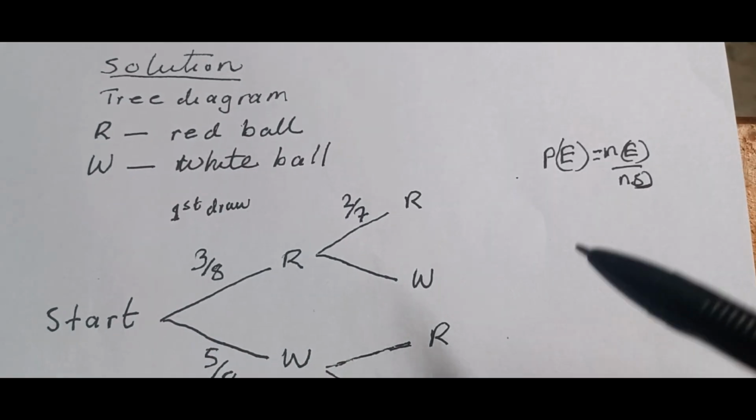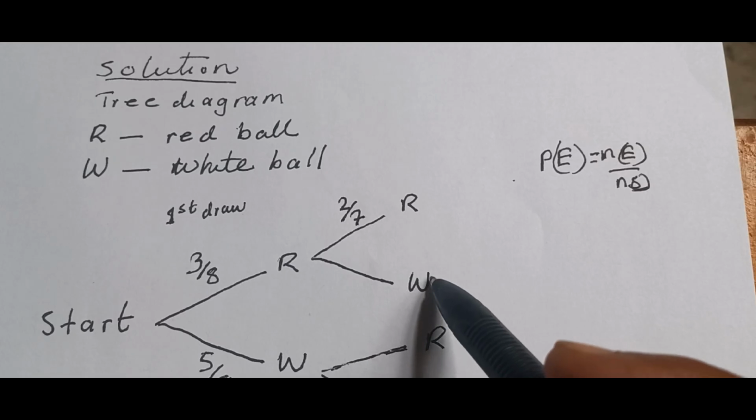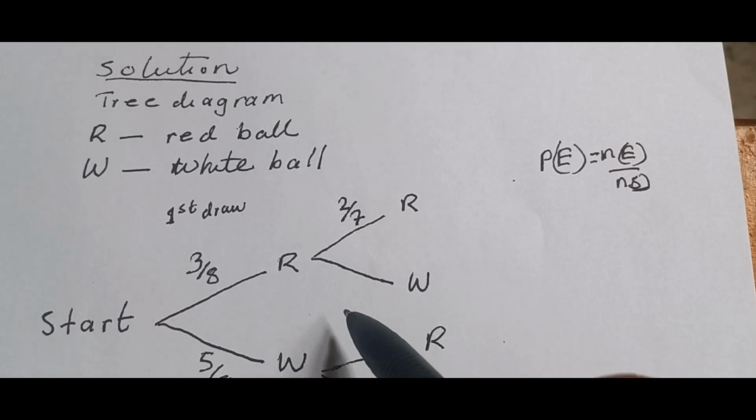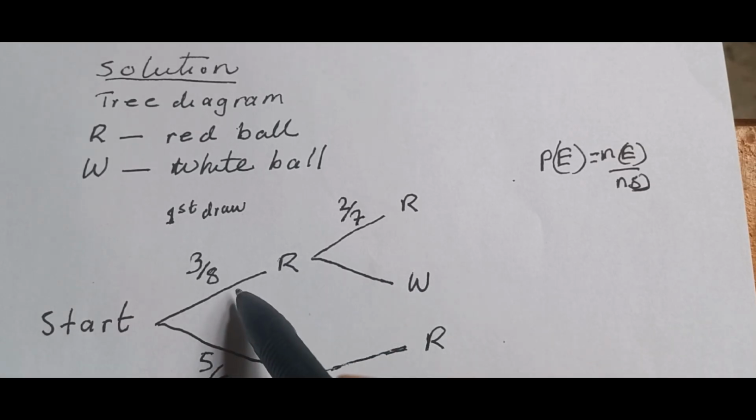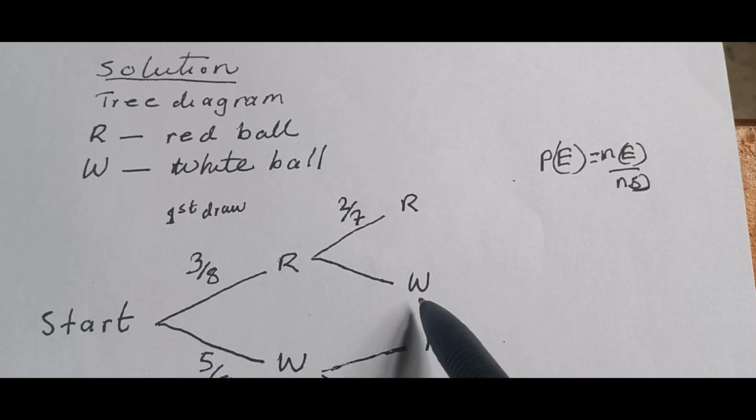Again here, let us see if the second ball drawn is white. Remember, in the first draw, we have taken one red ball. It means what is going to be affected is the total number of balls, but the number of white balls remains the same.